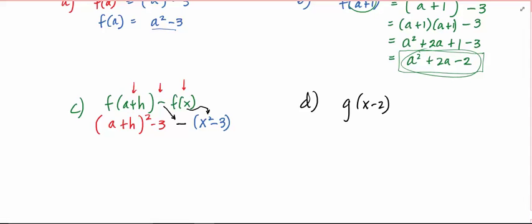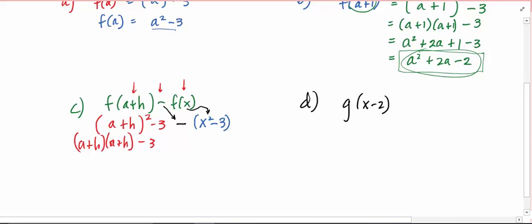I'm going to FOIL this because it says to square it. So minus 3, and then I'm going to distribute the negative while I'm copying. You do have to put parentheses when you're asked to subtract a binomial or a trinomial, anything other than a monomial, so that we know to distribute the negative.